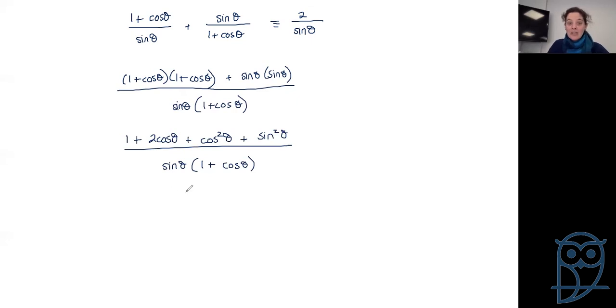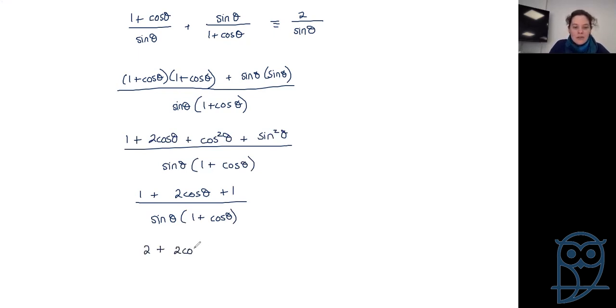So on top, we actually have 1 + 2cos θ + 1 over sin θ (1 + cos θ). Well, obviously 1 + 1 is 2. So our next step is (2 + 2cos θ)/(sin θ (1 + cos θ)).